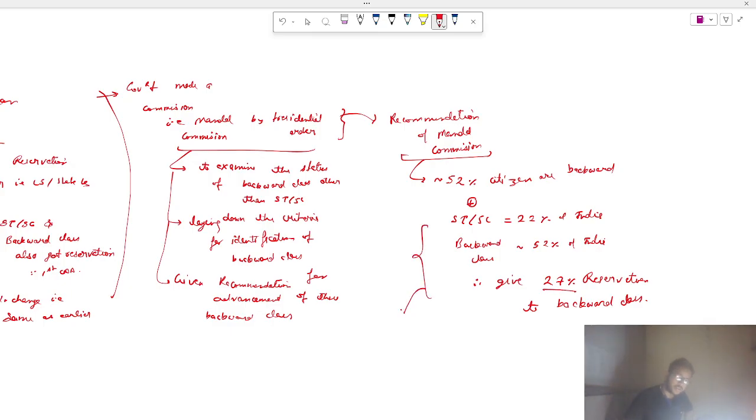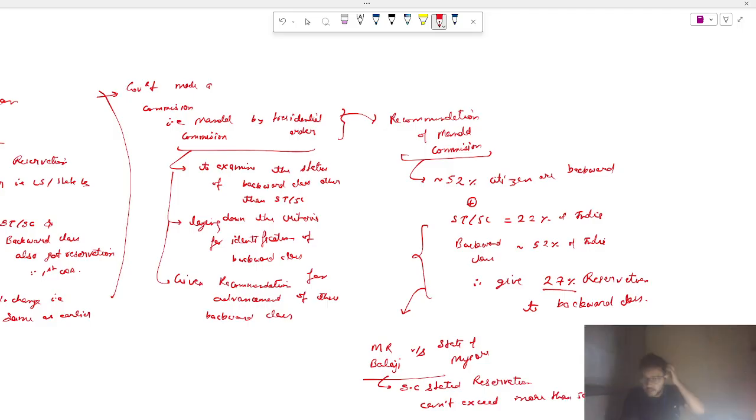Because in the previous judgment of the Supreme Court in MR Balaji versus State of Mysore, the Supreme Court already stated that reservation cannot exceed more than 50%.